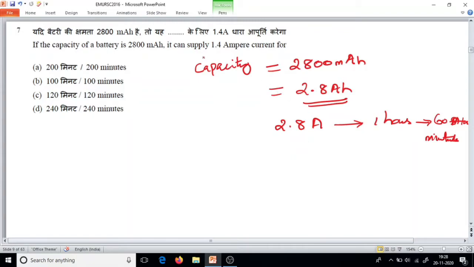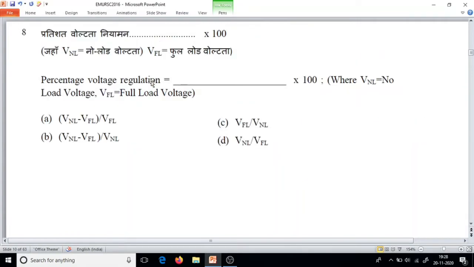So the question is, how long can the battery supply 1.4 amps? That is half of this current, so the time is double. That is 120 minutes, because we are drawing only half of this current. So it can provide 120 minutes. The answer is option C. Question number 8.